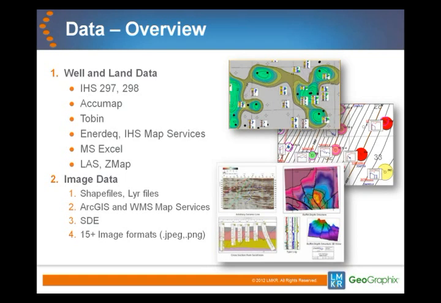We also import more than 15 image file formats, including JPEG, PNG, GTIFF, GeoTIFF, GIF, MrSID, the list goes on. A full listing of these and all of the formats that we support are available in the GeoGraphix documentation.